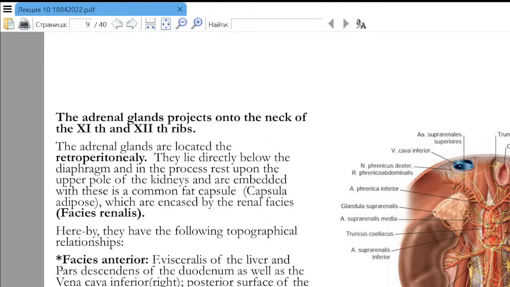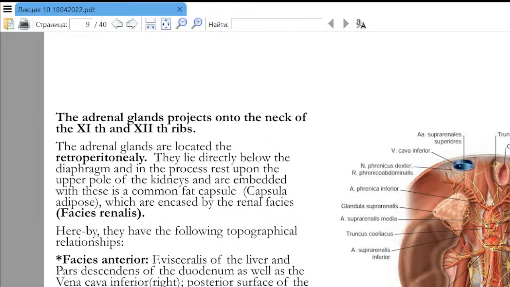Hereby they have the following topographical relationships. Facies anterior: facies visceralis of the liver and pars descendens of the duodenum, as well as vena cava inferior on the right.